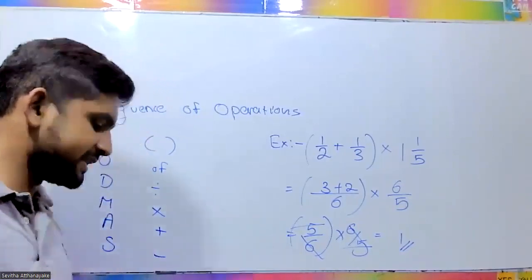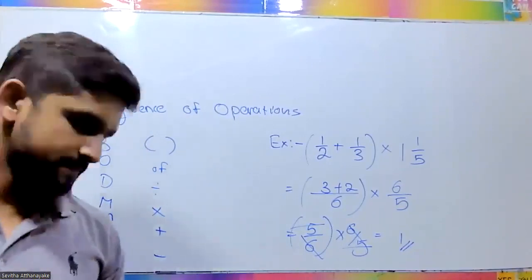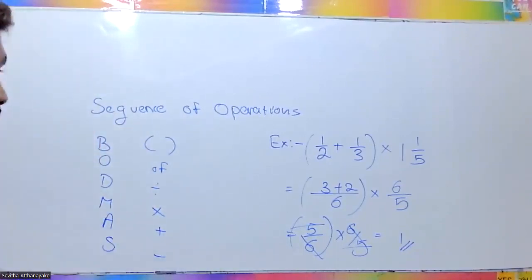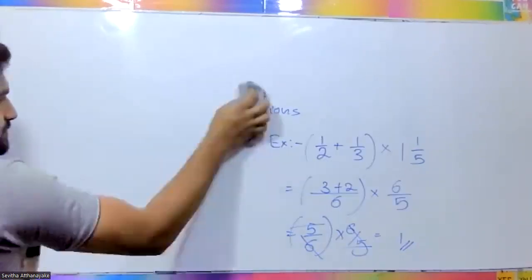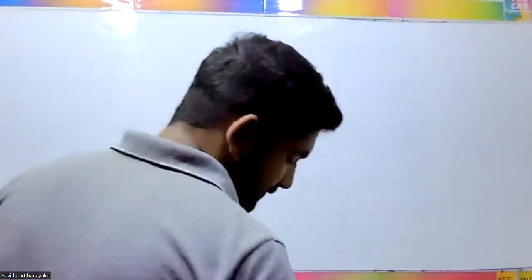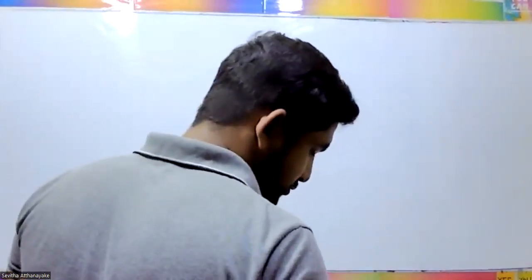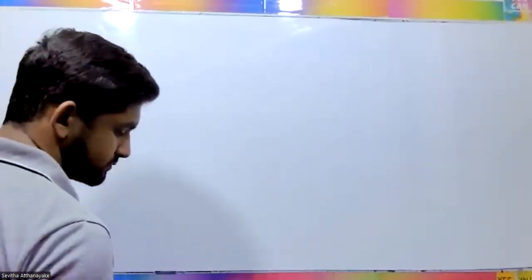After doing another one example, we'll stop for today. And the rest we'll do on the next day. Write down this. Okay. Applications of fractions we'll do on next day. Now try this one.